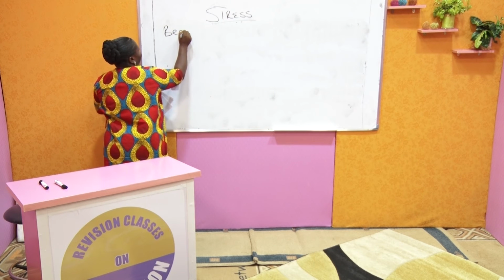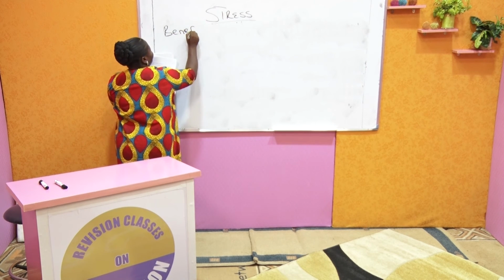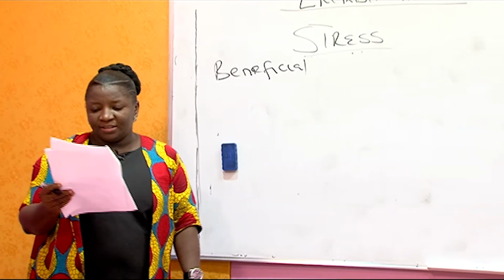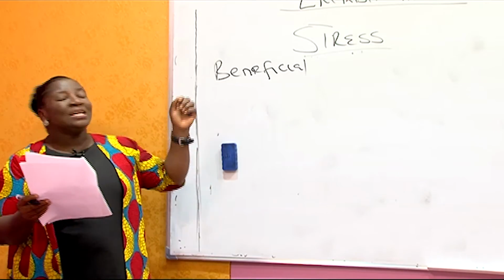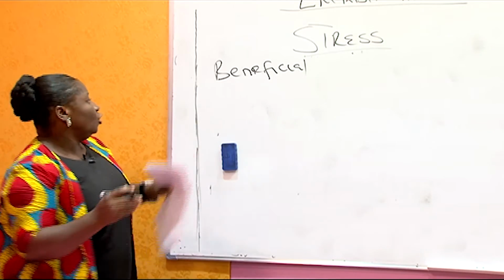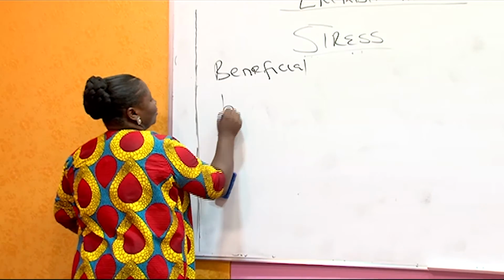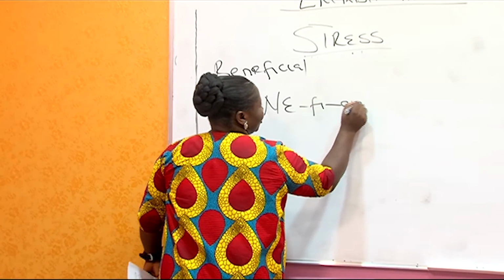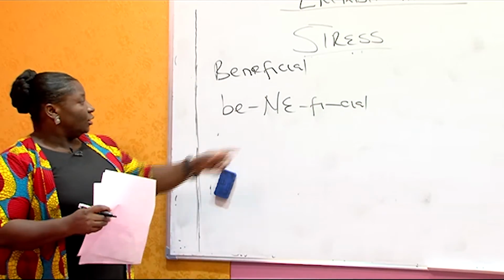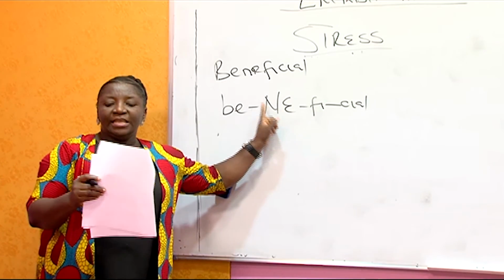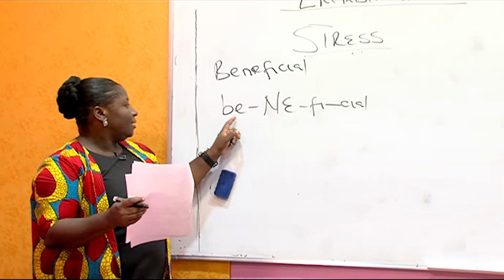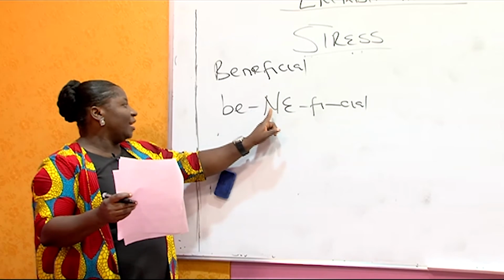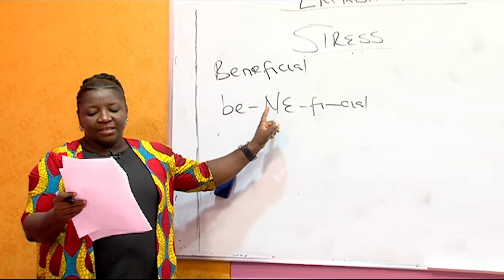See the spelling of the word beneficial. When you look at this word, it is the second syllable that will be stressed. So this is the right way to write it: beneficial. The stress is on NI, so the word is pronounced beneficial. That is the correct way of pronouncing this word, and that is why the stress is on the second syllable.